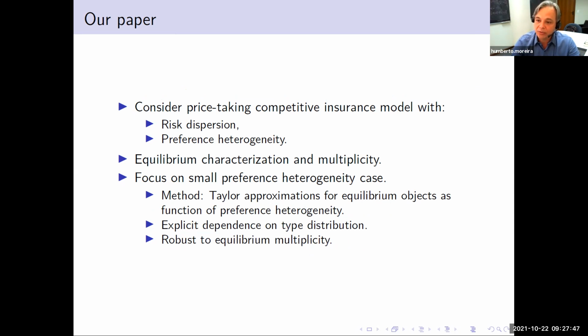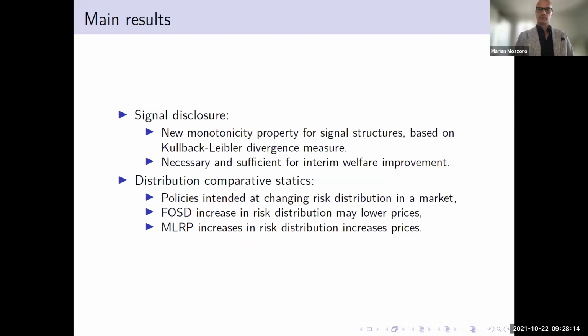Using that, we introduce a methodology based on Taylor approximation for the equilibrium objects as functions of this preference heterogeneity. With that, we give an explicit dependence on the type distribution of the equilibrium objects that I'm going to characterize, which is going to be robust to the equilibrium multiplicity, which is key to the analysis. So with that structure, we're going to propose two exercises.